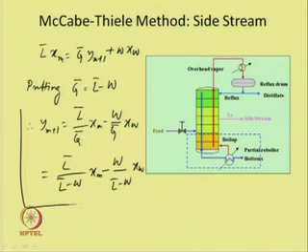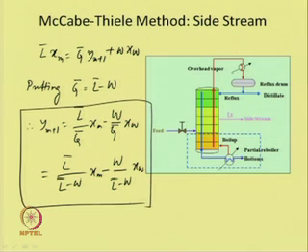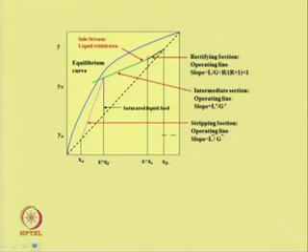So, this is the operating line equation for the stripping section, and we can plot the operating line.